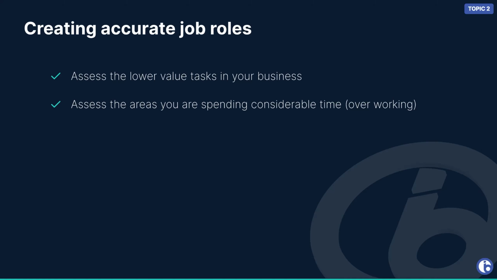Overworking is one of the main reasons that somebody would choose to outsource. They're spending too much time in the business and not enough time on the business. In is conducting all the work for yourself. On the business is improving it, refining it, and streamlining it. So consider areas of the business that you're spending considerable time, i.e. overworking.